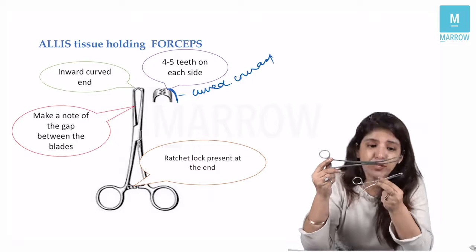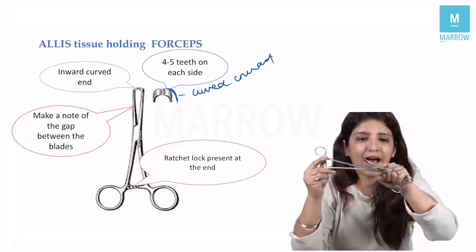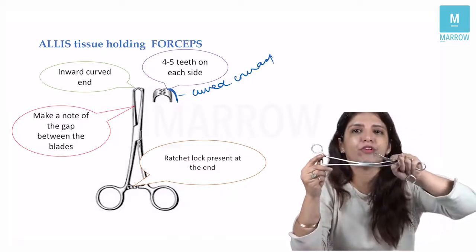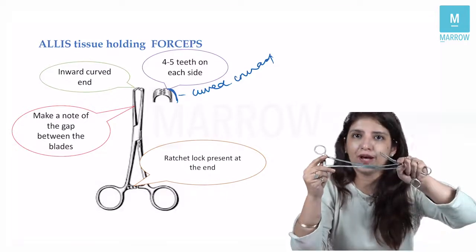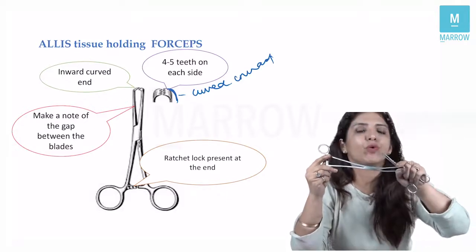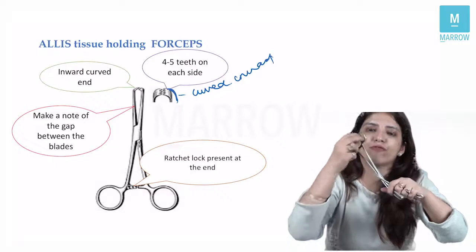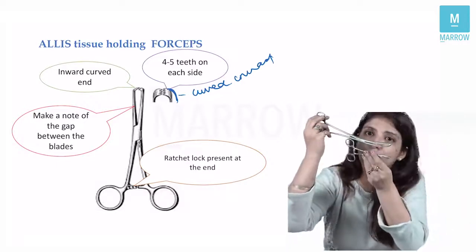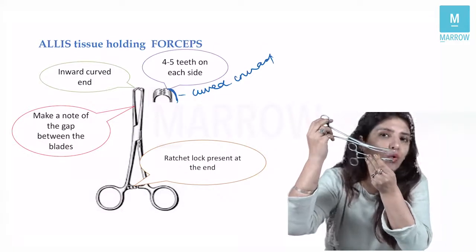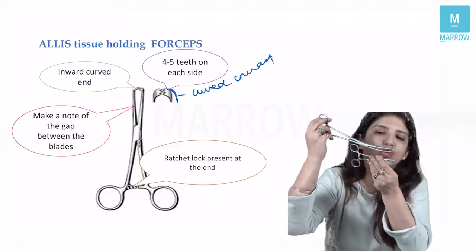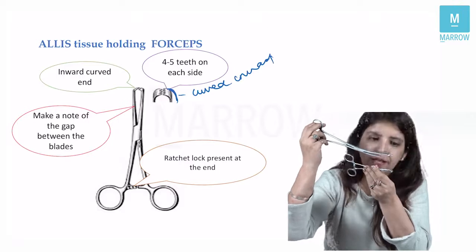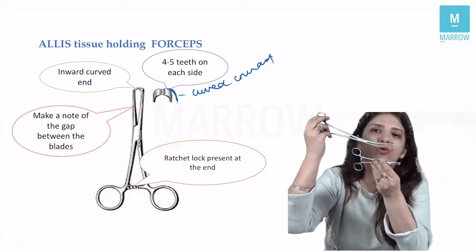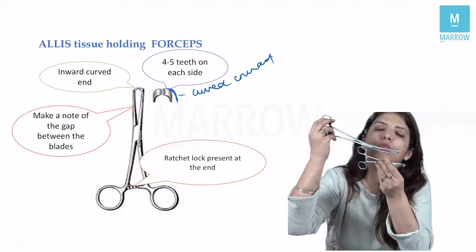Number 2, a Cellum will have a curved end, a concavity. As I told you, whenever you have to hold the lip of the cervix, you have to have the concavity facing upwards. In Alice forceps, although the gap is there, there is no curve, no concavity. Clear? So this is how you come to know whether it is an Alice forceps or a Cellum.